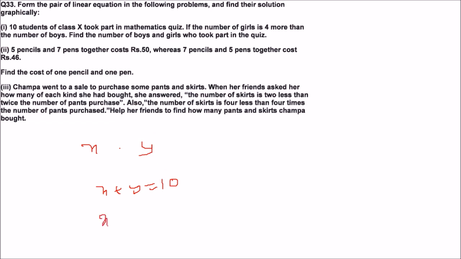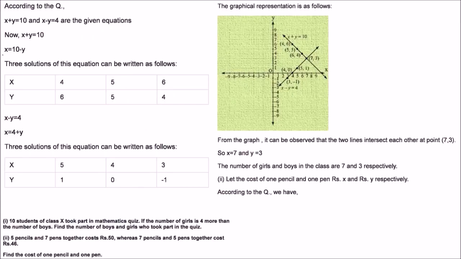So if you take the subtraction of x minus y, girls and boys, we get 4. So these are two equations, and we'll try to draw the straight lines for these equations, x plus y equal to 10 and x minus y equal to 4. So when they intersect, it will give you 7 and 3, and 7 and 3 is the solution. Number of girls are 7 and number of boys are 3.